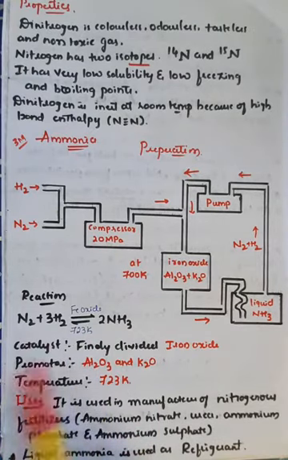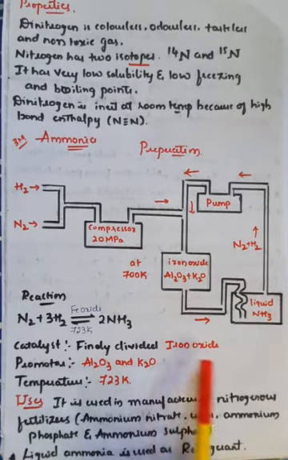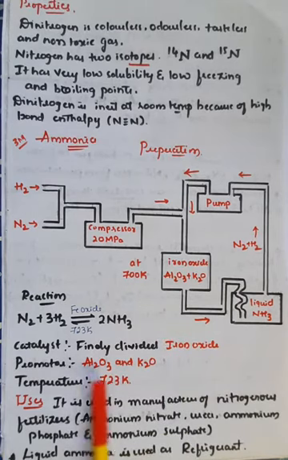And promoters are the chemical substances which increase the activity of the catalyst, right? So whenever the strength of the catalyst reduces during the reaction after some time, we can again increase the activity of the catalyst by using promoters like aluminum oxide and K2O, so potassium oxide. And the temperature maintained is 723. The exact temperature is 723, or we can say around 700 Kelvin.